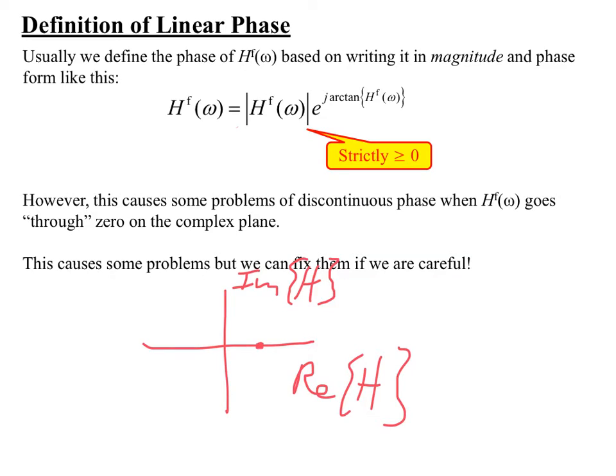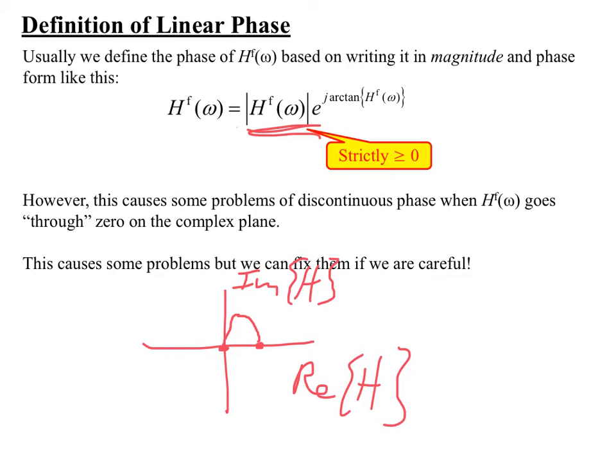Then as omega goes to some other value, as we let omega, say, go positive, this thing may end up following some path. And then at some omega, the value of H of omega, if its magnitude goes to 0, this will actually go to the origin.